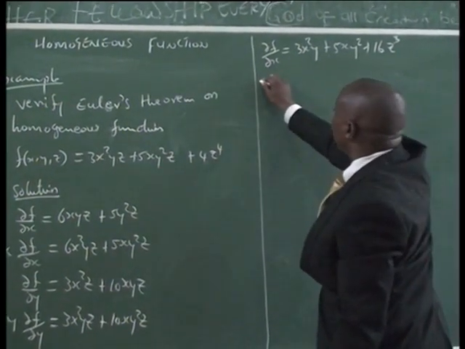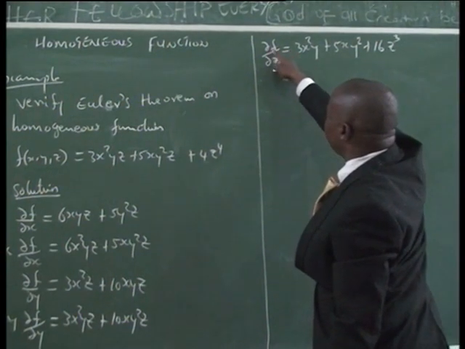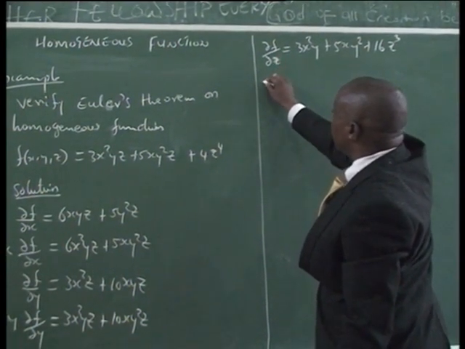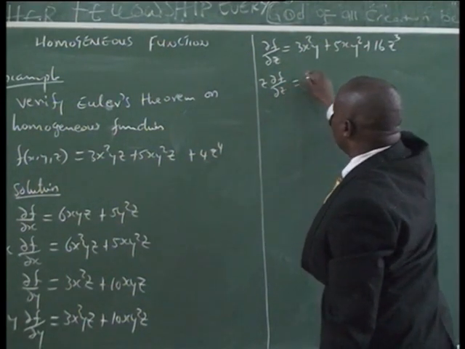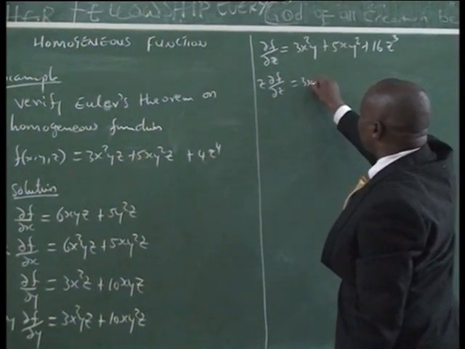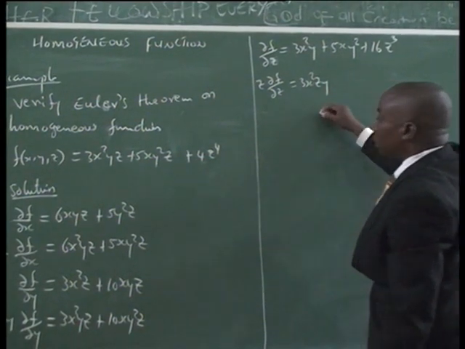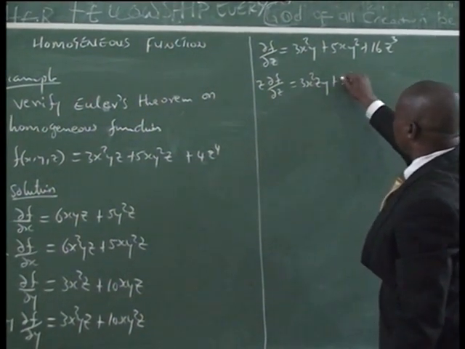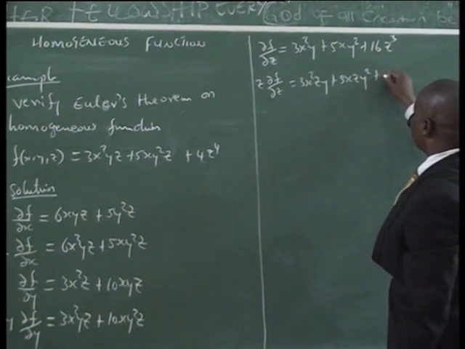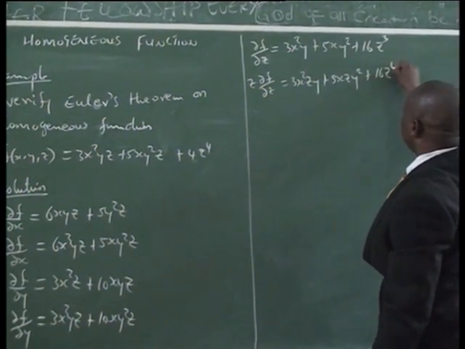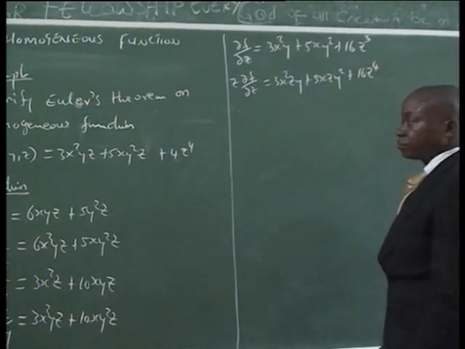Then that is partial f partial z. Then z times partial f partial z will be equal to 3x squared zy plus 5xzy squared plus 16z raised to the power 4.